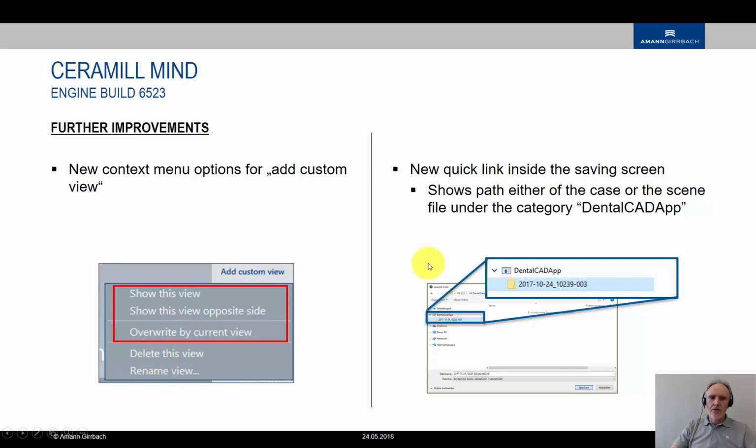You can even delete or rename the view. For saving your constructions, make a right mouse click on the saving button on the upper right side in the toolbar, then you find the saving of the dental CAD app. This is the scene file, and this command will always guide you directly to the right folder of your patient.